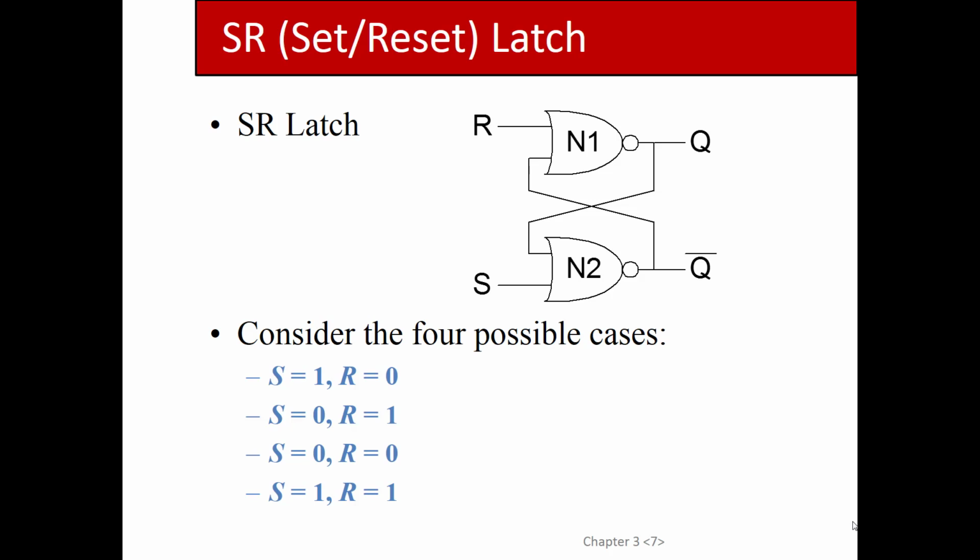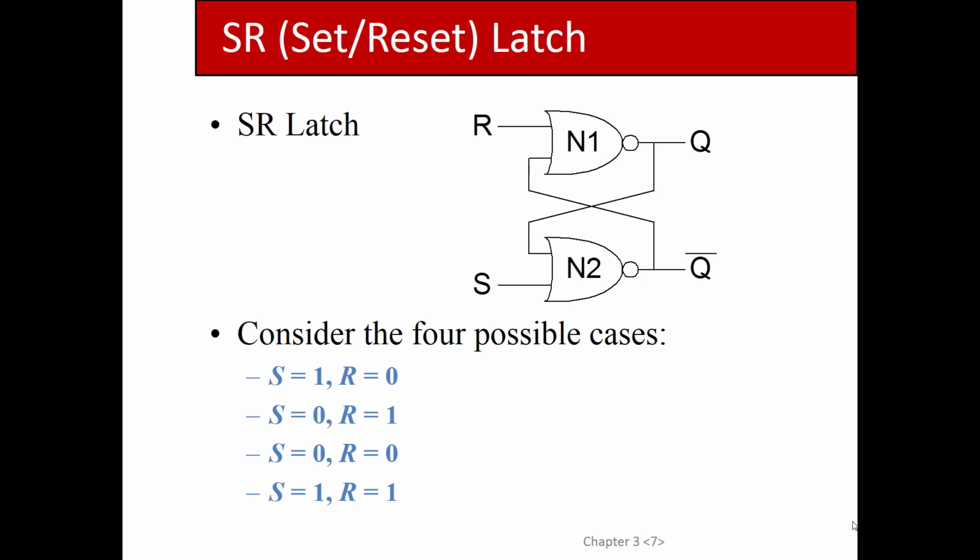So this 1 is going to come up to this NOR gate, but it doesn't matter because I've already got another 1 in there. So I've already got that output there, right? But if I put a 0, 0 in, what happens?